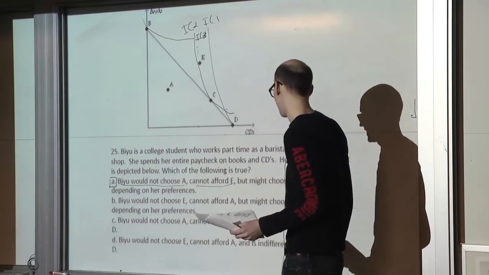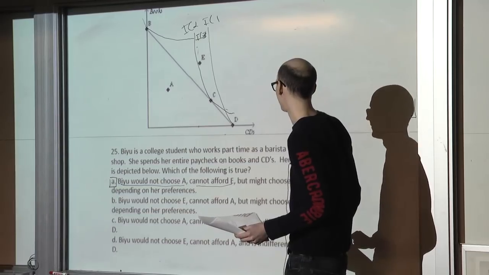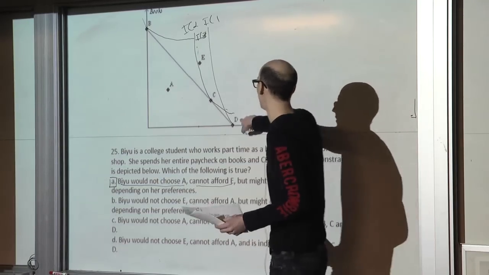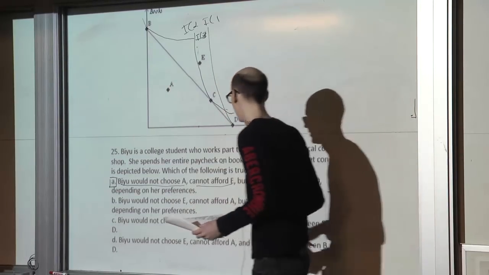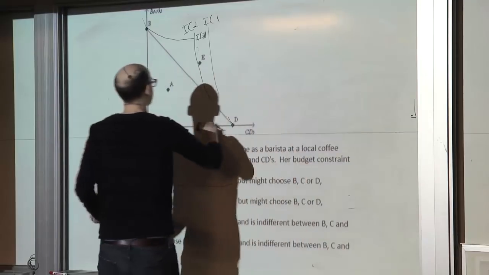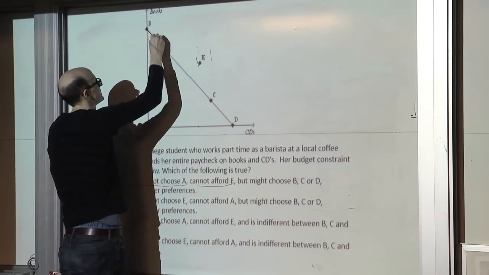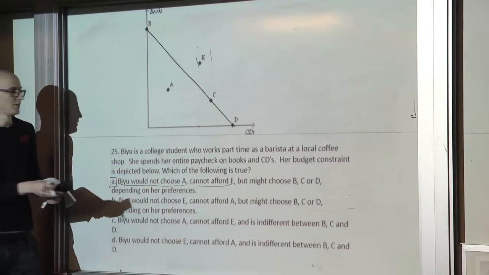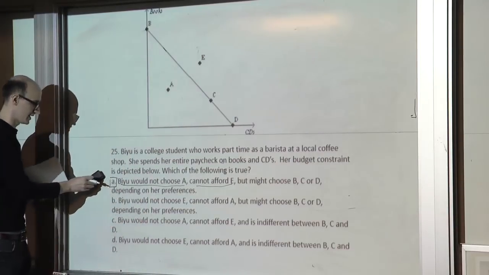Bayu would not choose A, cannot afford E, and is indifferent between B, C, and D. Well, we don't know if she's indifferent between B, C, and D. Her indifference curve could conceivably look like this, in which case she would be indifferent between B, C, and D, but we don't know that's the case. So A is still the better answer.